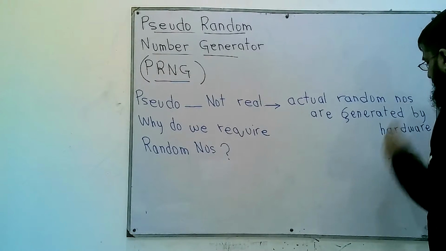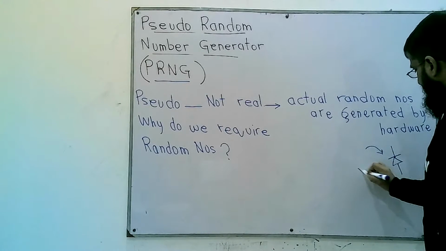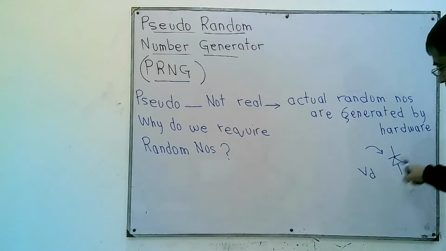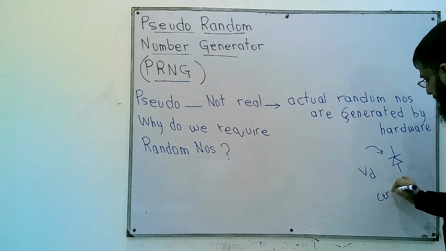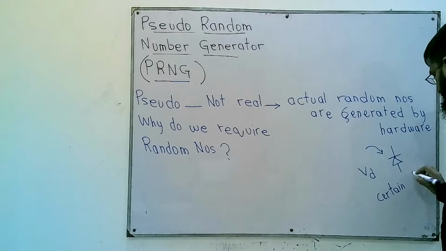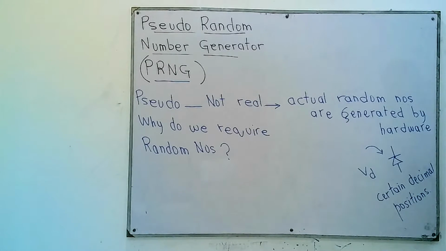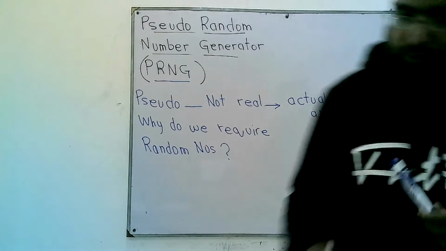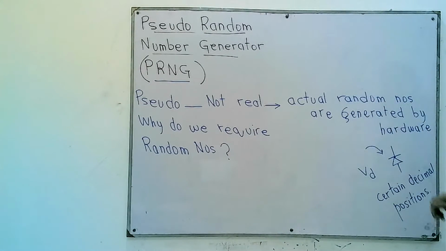For example, if we have a reverse bias diode and we measure the voltage drop across it, VD, with certain decimal positions, in a working computer or in a working circuit, that would be an example of a real number. That would be an example of an actual random number.